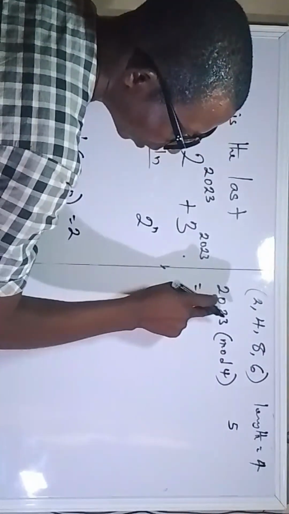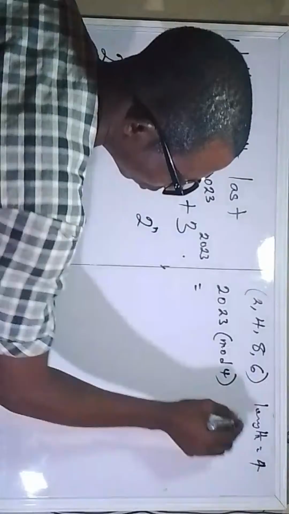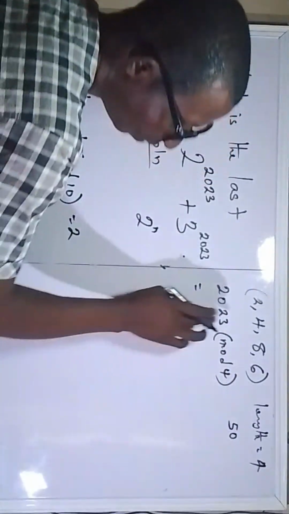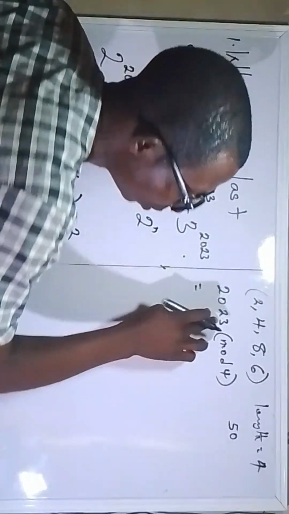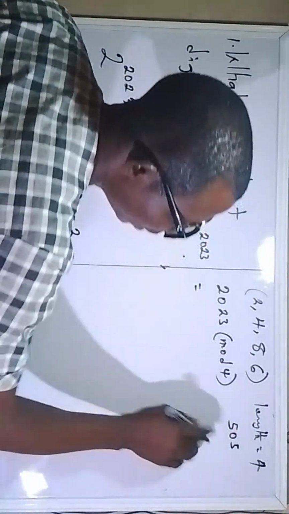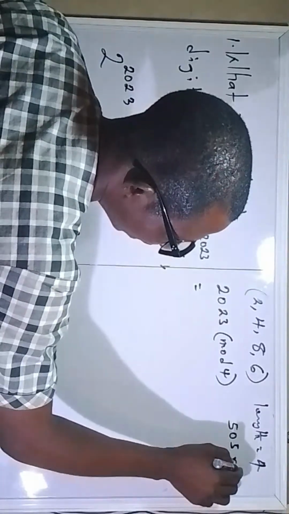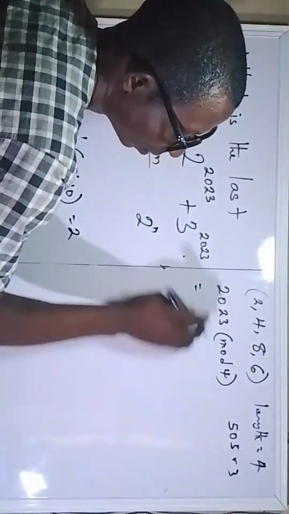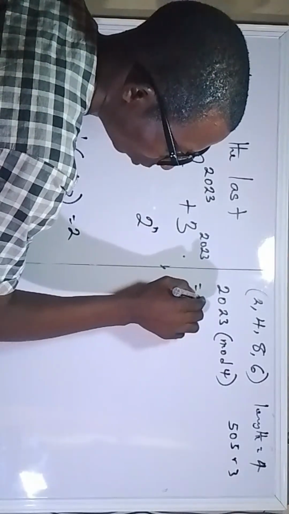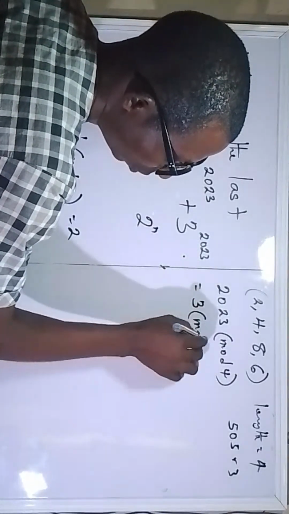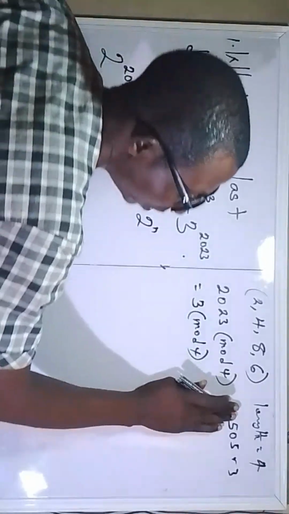You divide 2 by 4, you have 0. You divide 23 by 4, you have 5. So the remainder is 3. So that means 2023 is equal to 3 in mod 4. So that is the remainder.